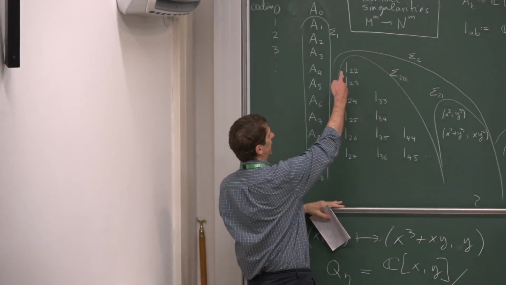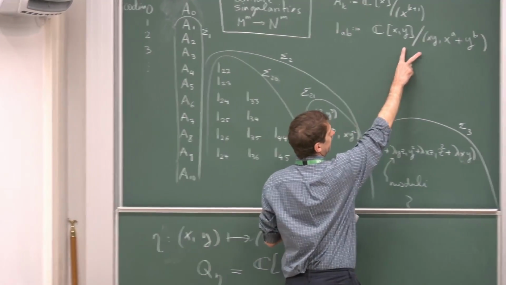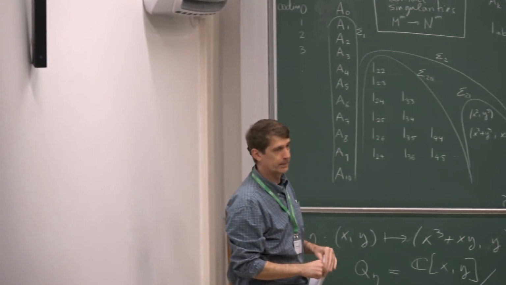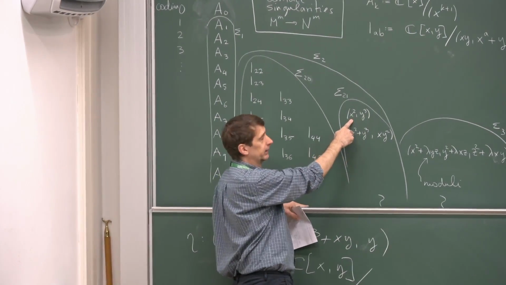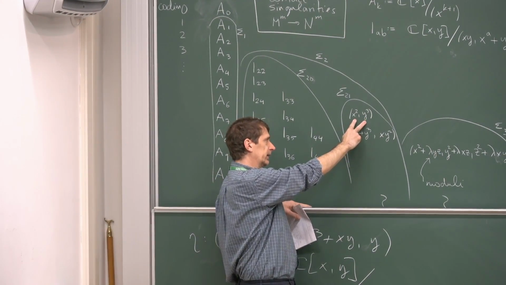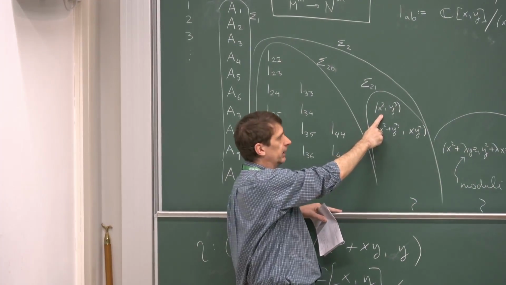There are some other ones, I sub AB, or capital I_{a,b}, corresponds to this algebra. And at certain points I just wrote down the ideal. So when you see x squared, y cubed, you really consider the polynomial ring cut down by this ideal.